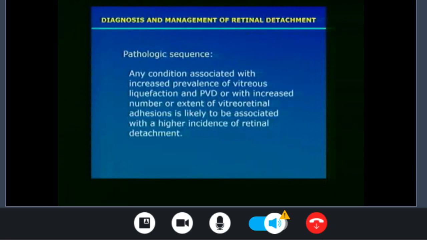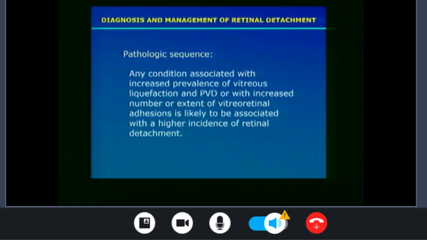So if we look at the pathogenesis, as I said, you need PVD, right? Posterior vitreous detachment. Keep this in your mind: any condition associated with increased prevalence of vitreous liquefaction and PVD, or with increased number and extent of vitreoretinal adhesions, is likely to be associated with a higher incidence of retinal detachment.